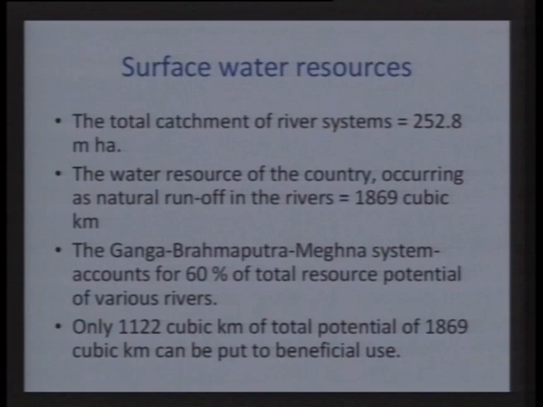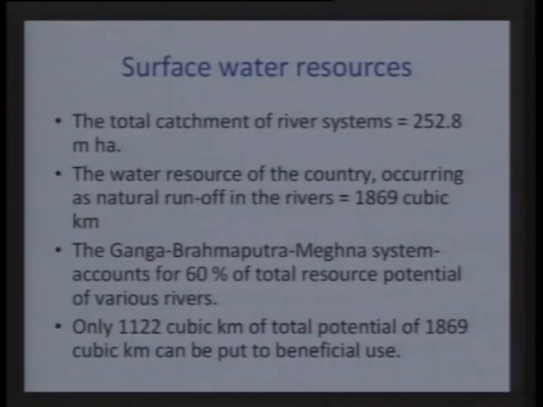Coming to the surface water resources, we find that the total catchment of river systems in the country is 252 million hectares. And the water resources of the country occurring as natural runoff in the rivers is 1869 cubic kilometer.